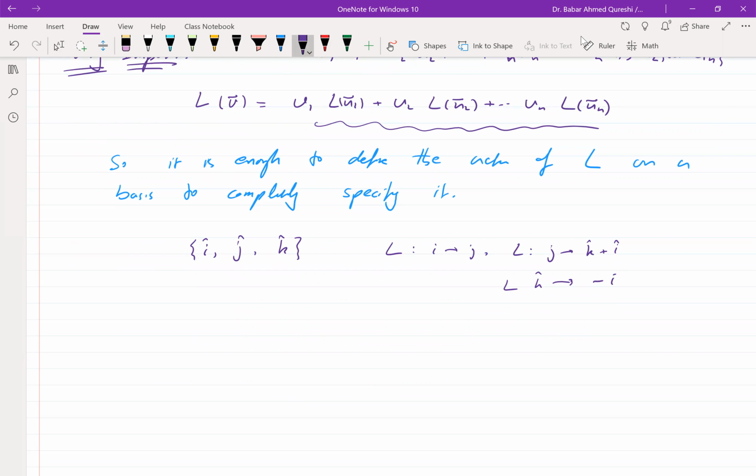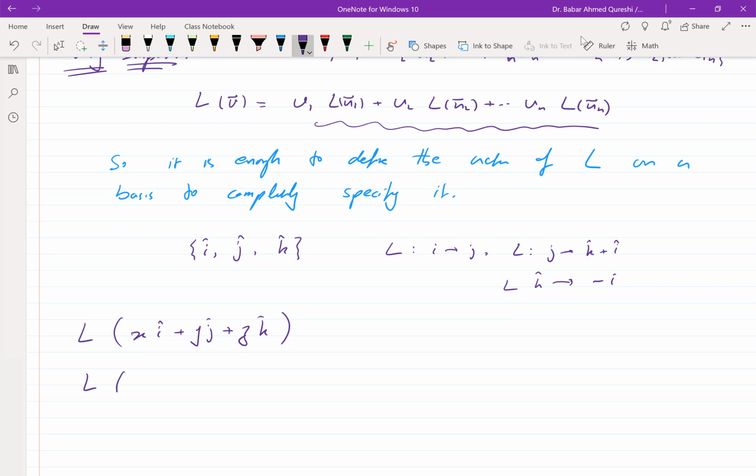Then if I am given any vector xi plus yj plus zk, and I want to apply L, I know what will happen.